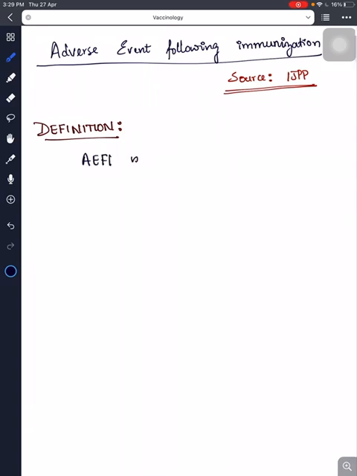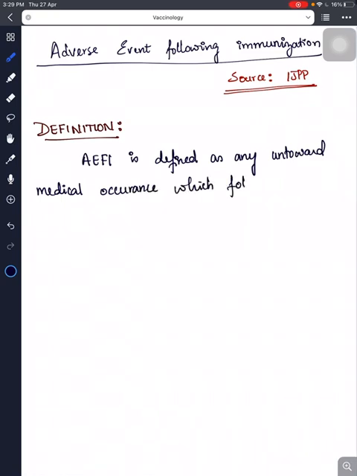So let's start with the definition. AEFI is defined as any untoward medical occurrence which follows immunization.